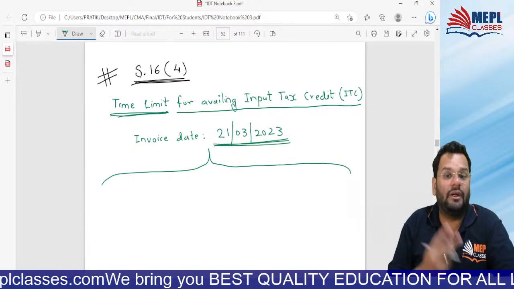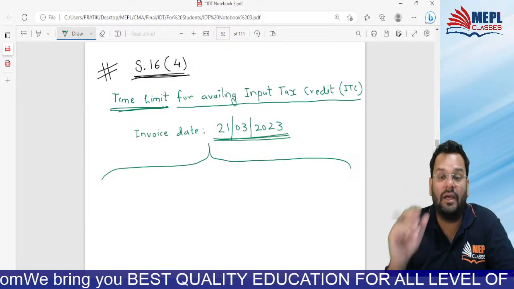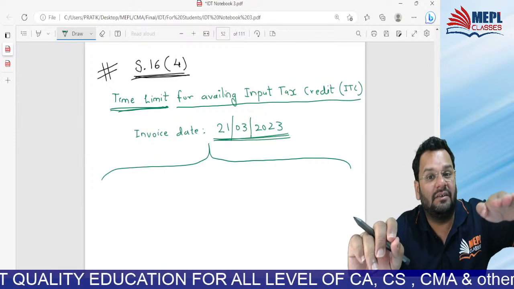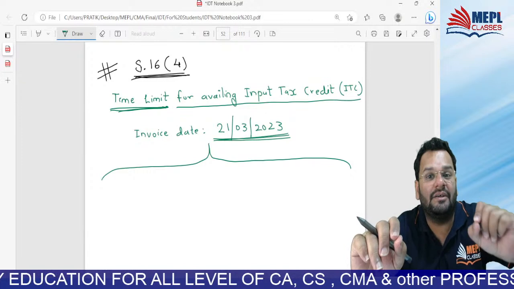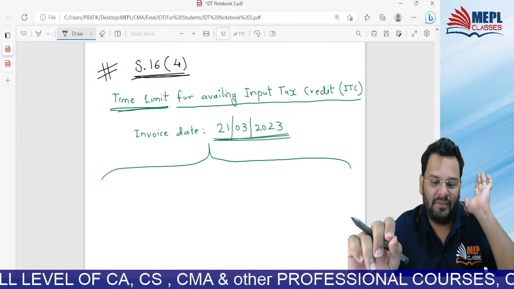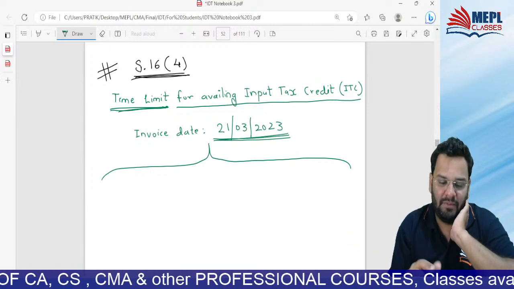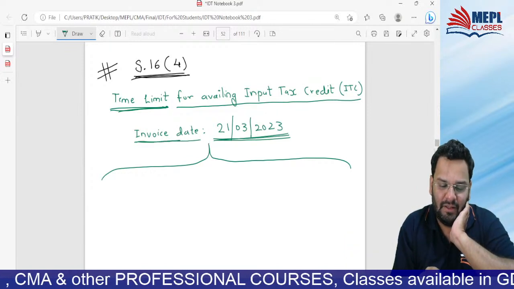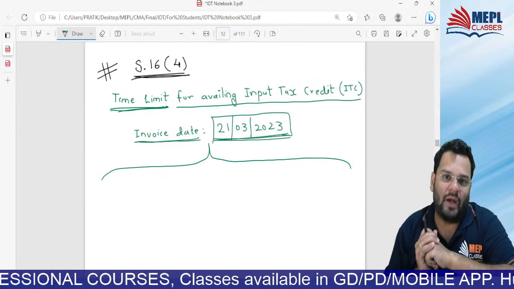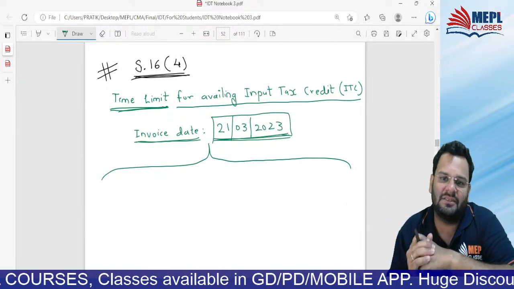Then you will calculate two dates. Ideally, guys, listen carefully. Ideally, you should take ITC in March 23 itself, because the invoice relates to the month of March 23. So ideally, you should immediately take the ITC.